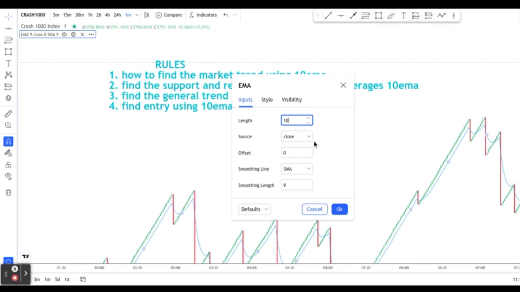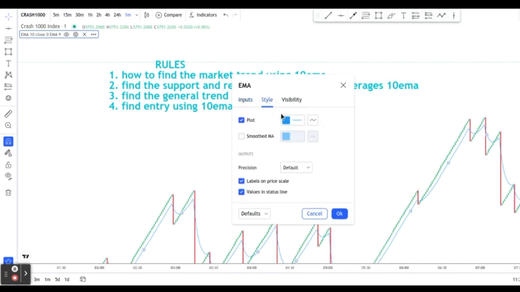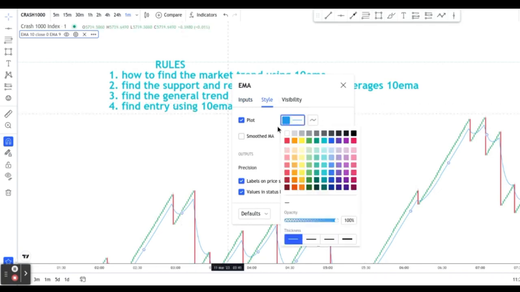Apply to close, shift 0, method exponential. So that is the parameter for your MetaTrader 4. Then style, you can choose any pixel of your choice.